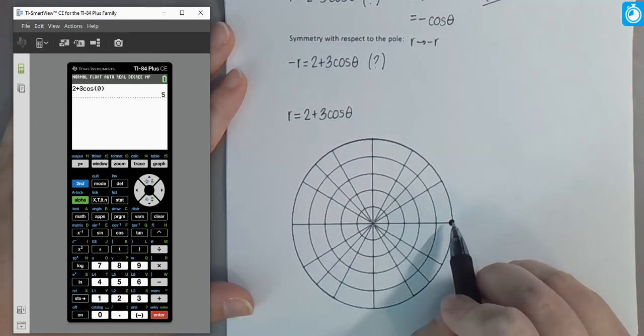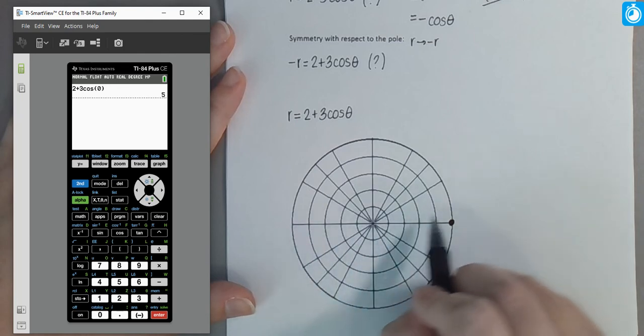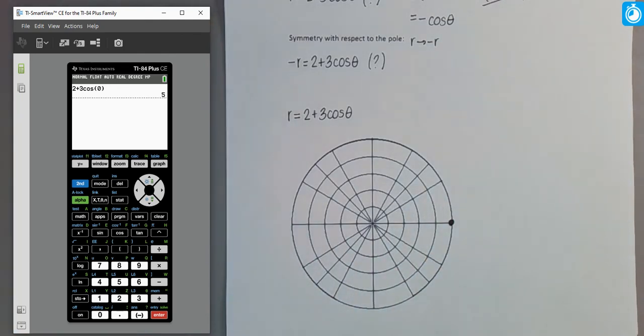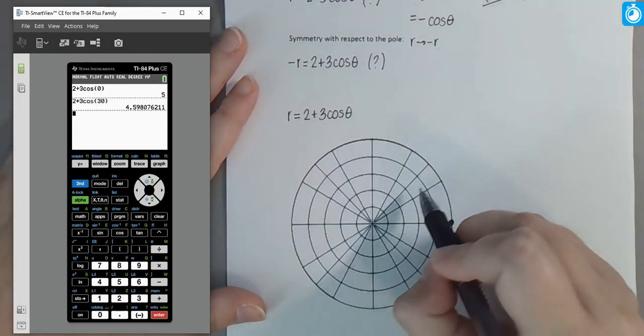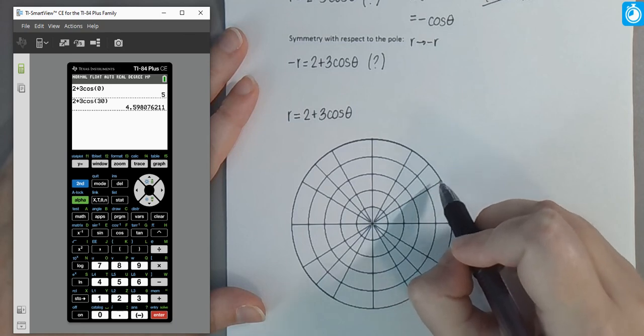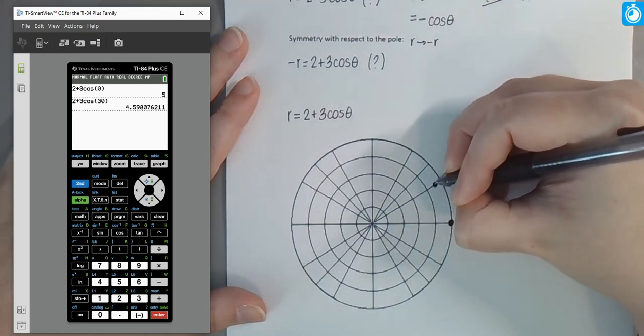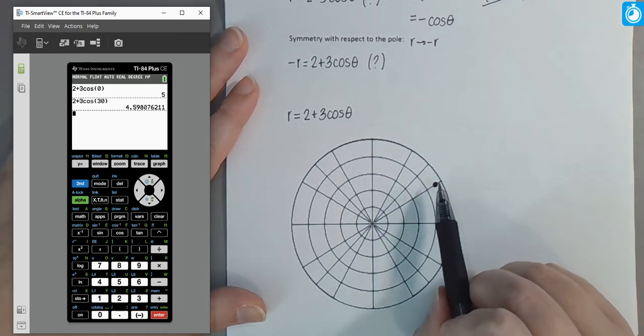Now we can't use symmetry yet here because we're on our line of symmetry. So let's see what happens when we get to pi over 6 or 30 degrees. So 2 plus 3 times the cosine of 30 degrees, about 4.6. Okay, so at 30 degrees, we're about halfway between the 4th and 5th ring, a little bit closer to the 5th ring. Now here we can use symmetry.